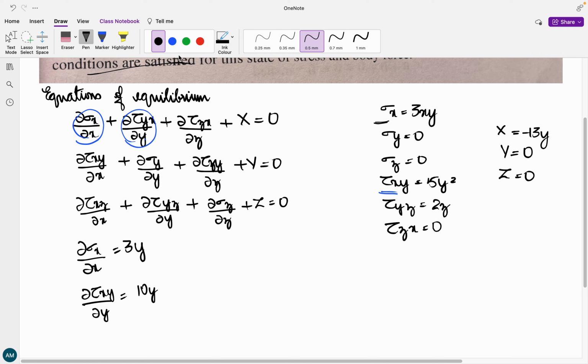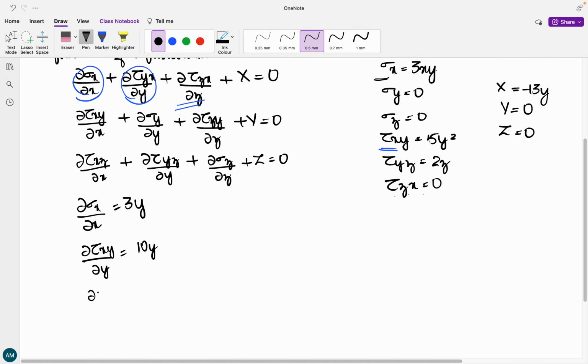Now the third one we have ∂tau zx/∂z, and you see here tau zx is 0. So ∂tau zx/∂z is equal to 0. You have the x body force value as minus 13y. I am going to substitute all of this.